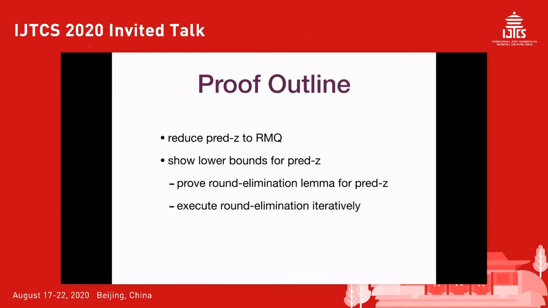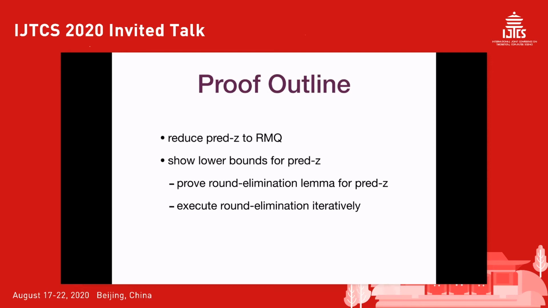Now, let's move to the proof sketch. In fact, we prove a lower bound for a problem named PretZ. We believe PretZ characterizes the hardness of RMQ. At first, we reduce PretZ to RMQ.